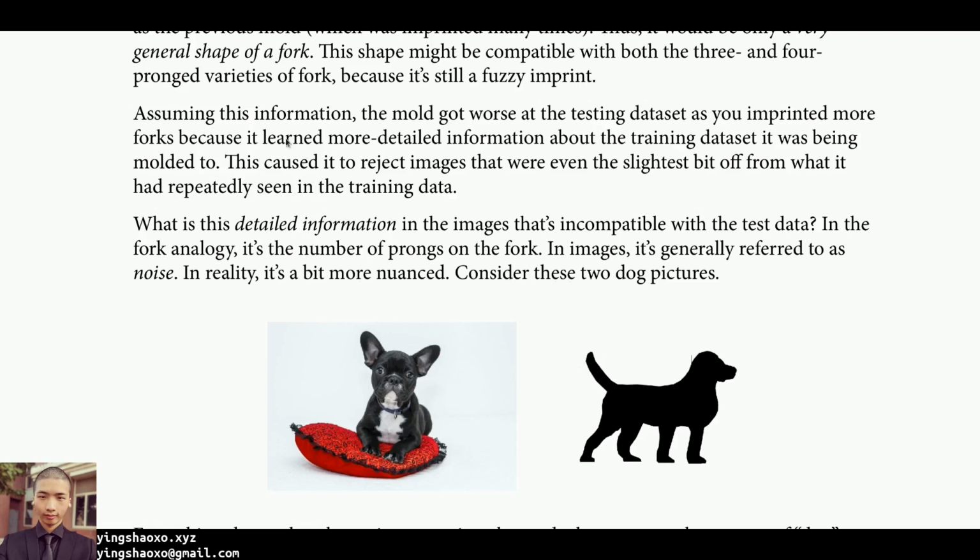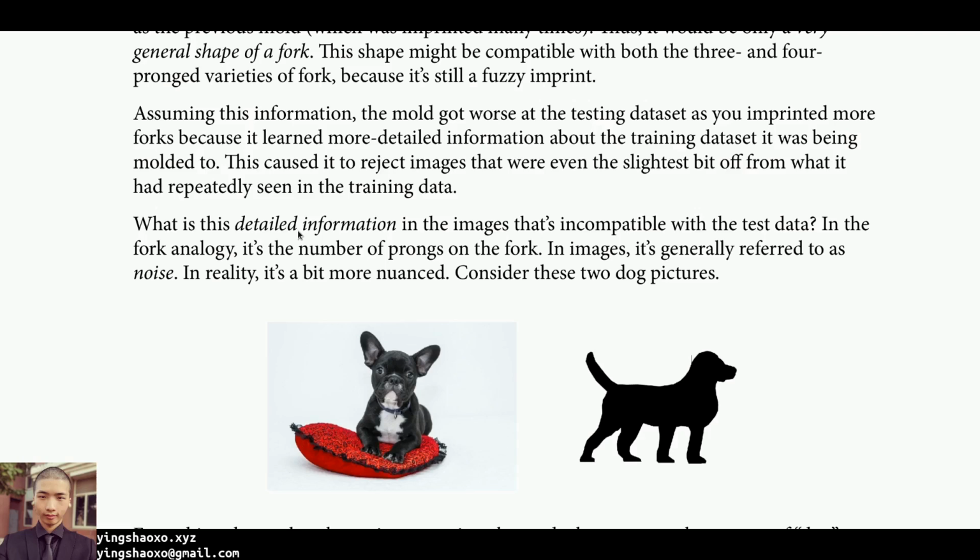All those explanations are just trying to say one thing. That is, if you train your neural network too many times on a dataset, it will overfit. Overfitting means that it will try to memorize all those details in the training dataset.